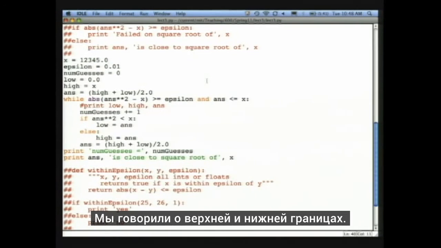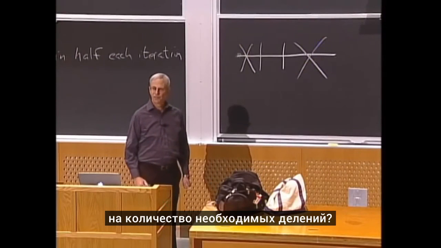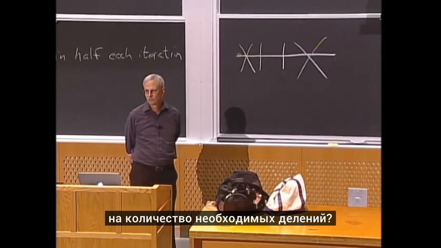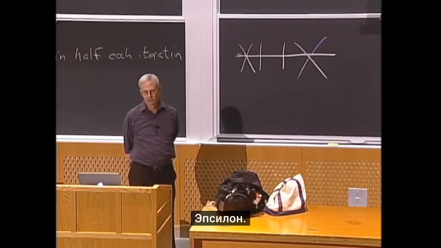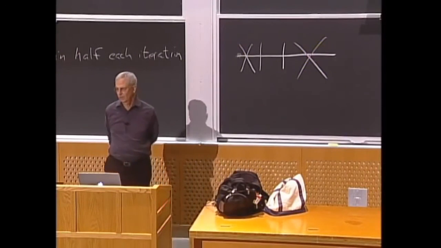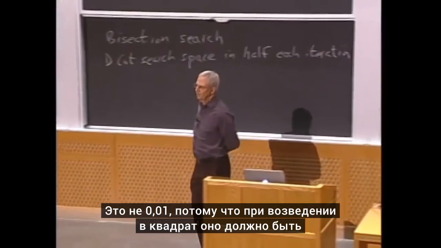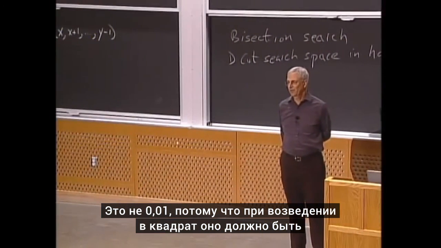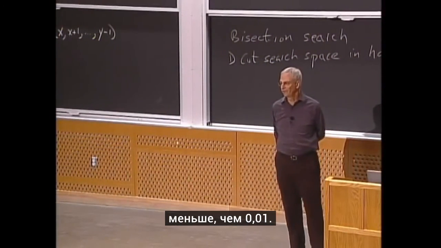Well, we talked about the upper and the lower bound, but what's telling me, roughly speaking, how many divisions I have? It's epsilon, right? It's not 0.01 because when I square it, it has to be smaller than 0.01.